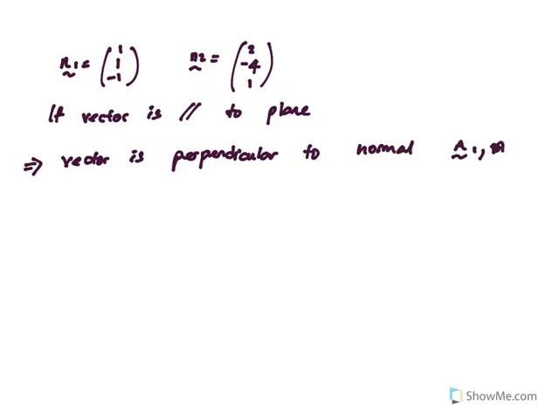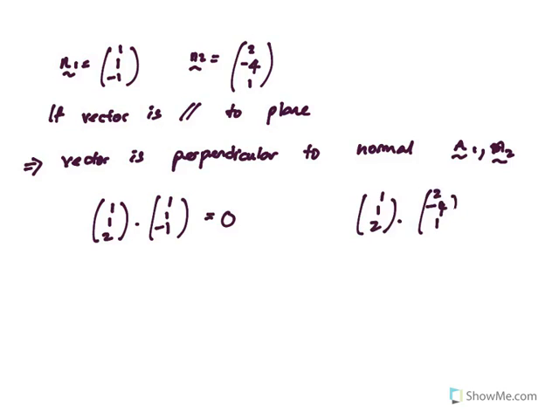Okay, n1 and n2. So we check our vector here 1, 1, 2. We dot product it with 1, 1, negative 1. You can see it gives you 0. Our vector 1, 1, 2 dot product with 2, negative 4, 1 gives you 0.